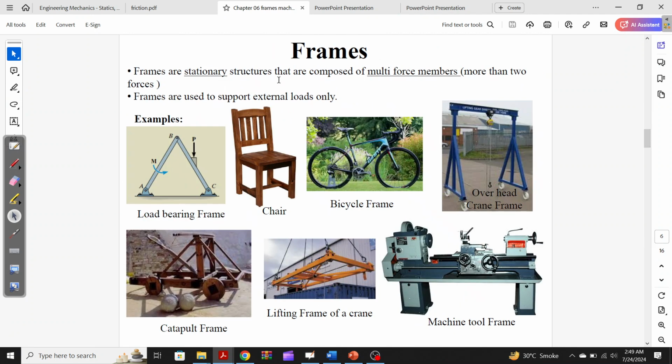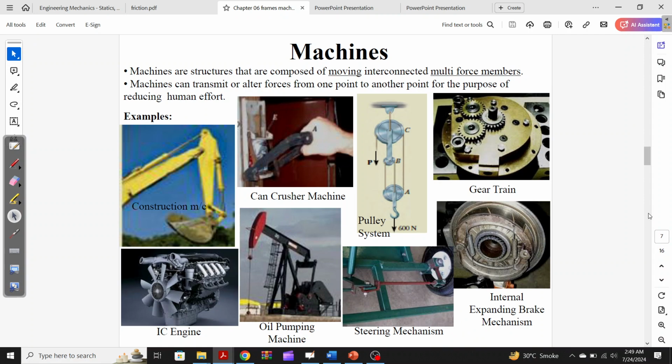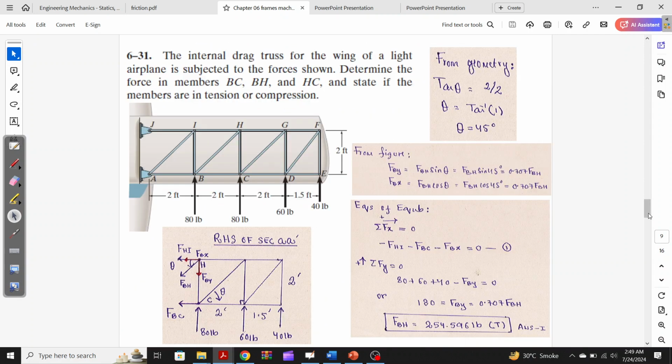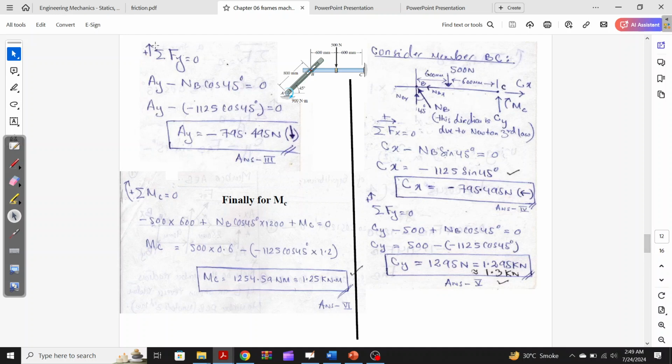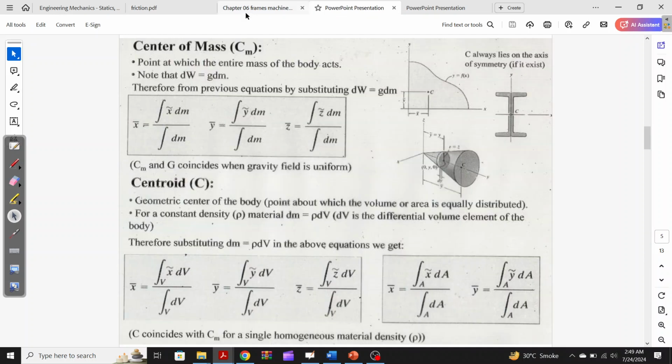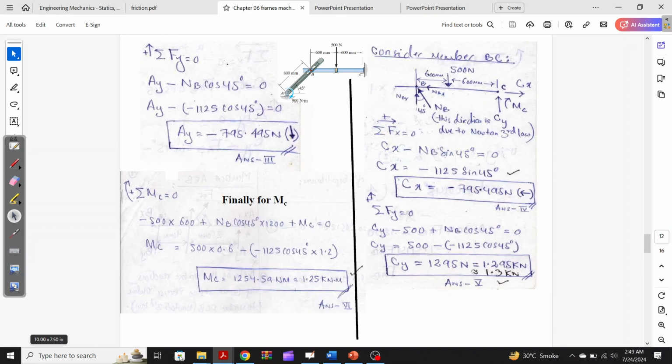Frames are stationary structures composed of multi-force members, meaning more than 2 forces. They are used to support externally applied loads, and different types of frames are shown here. Once this is explained, you can take any figure and take it as a frame.